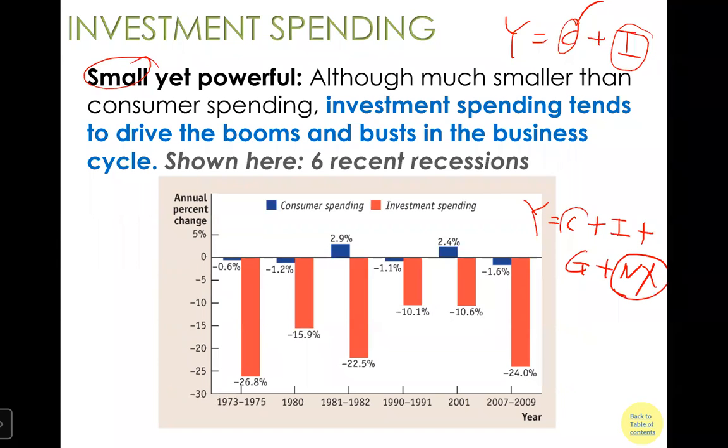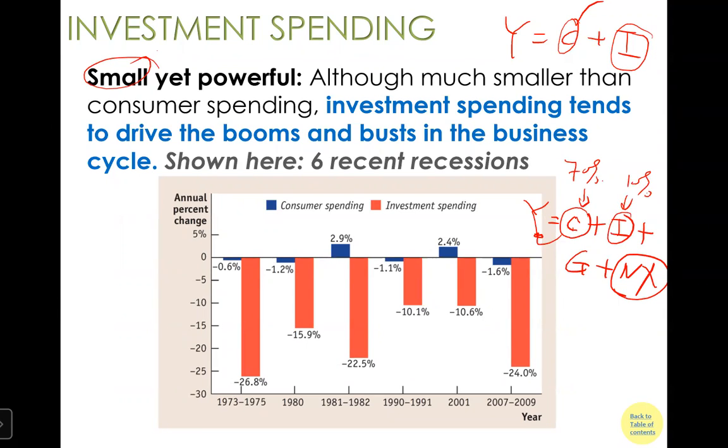And C, not sure anyone remembers, C as a fraction of GDP is a big number. For the US economy, this is close to 70%. All right, and this number I is fairly small, close to 10%.